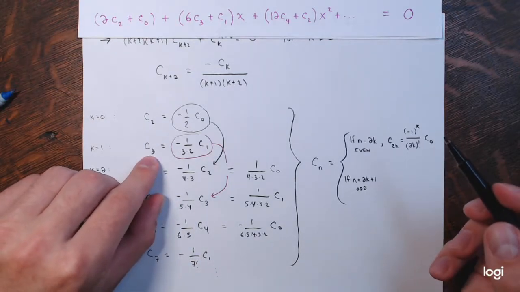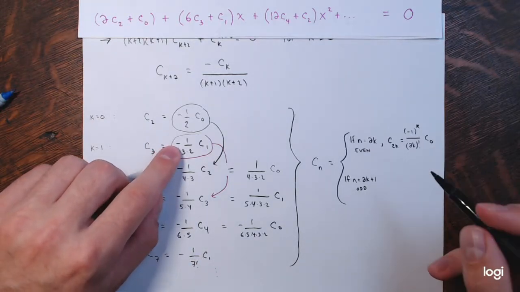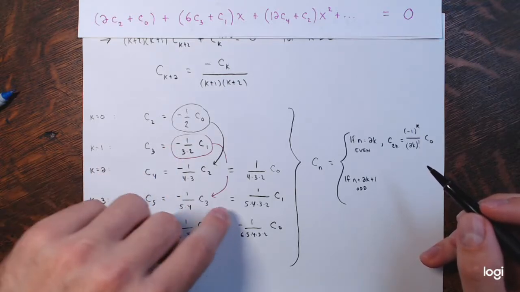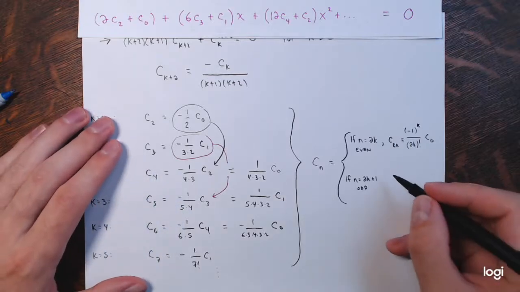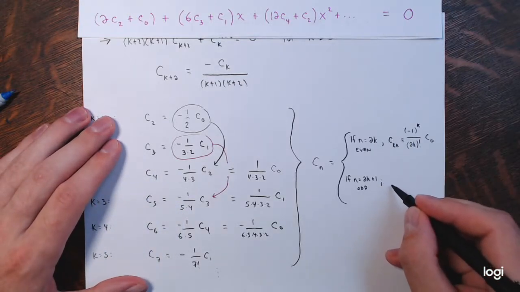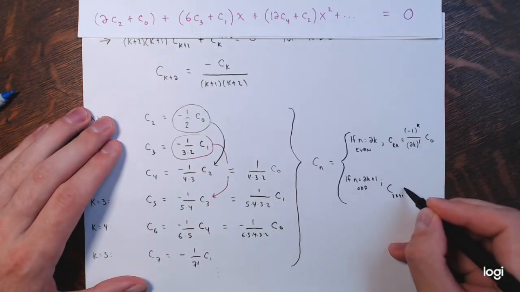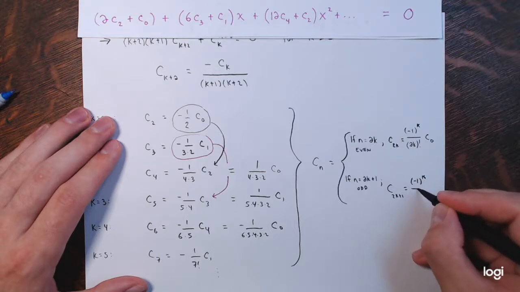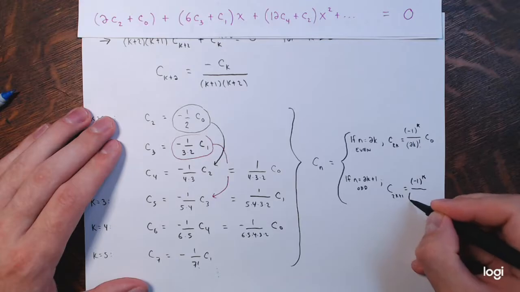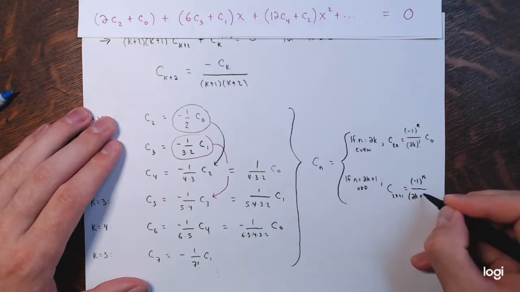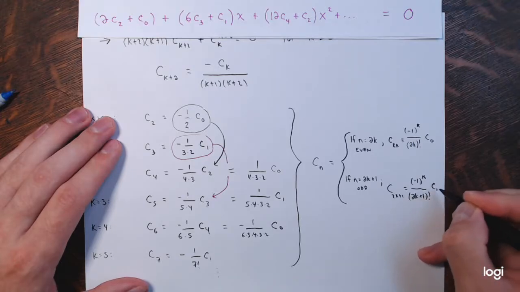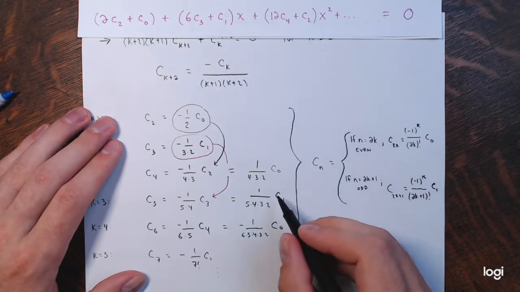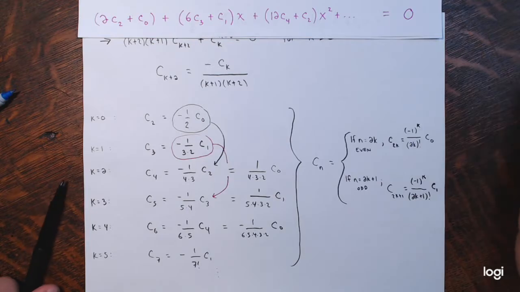Again, 2 times 1 plus 1, it's a negative term. 2 times 2 plus 1, it's a positive term. 2 times 3 plus 1, it's a negative term. c sub 2k plus 1 is negative 1 to the k, again divided by that factorial, 2k plus 1 factorial, and then times c1. The constant c1 is on all these odd index terms.